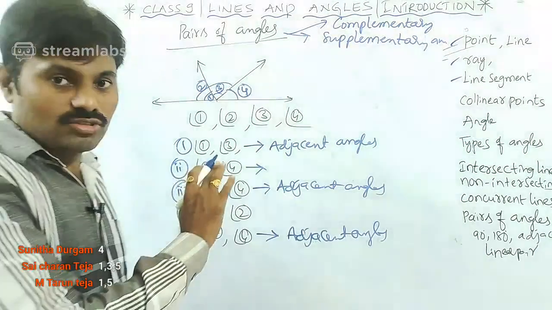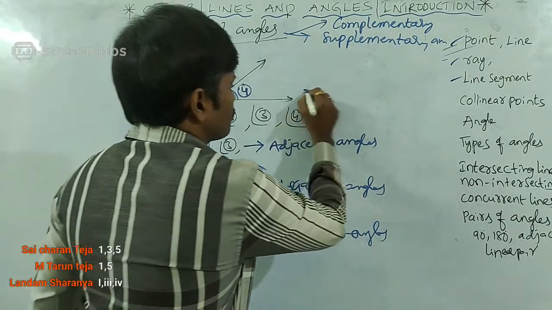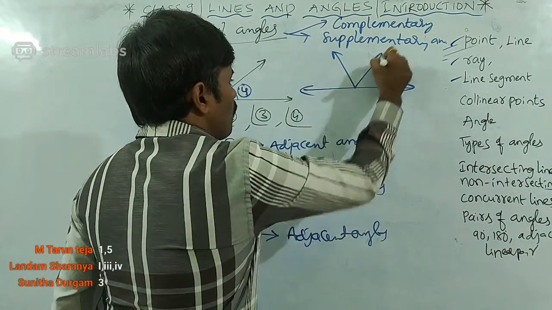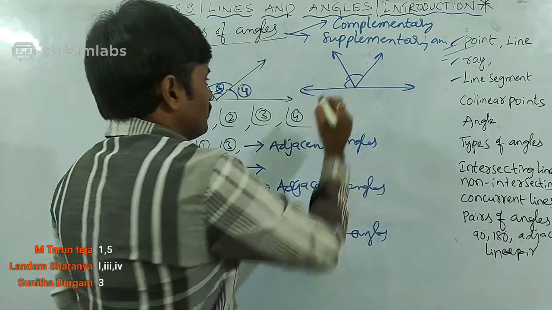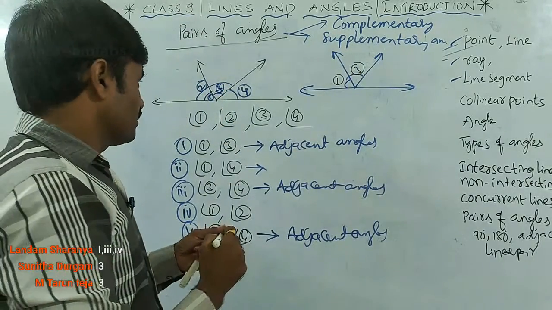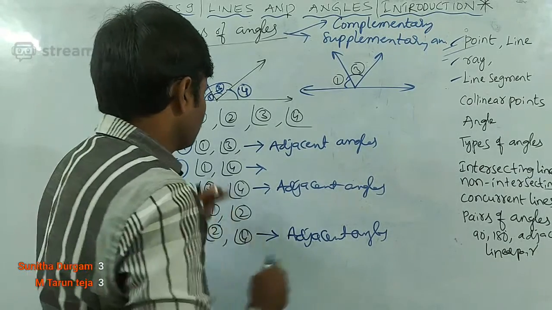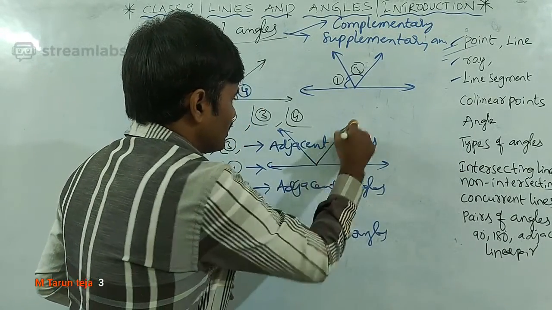See, I am drawing those figures again. First one, 1, 3. This is a straight line. First one I have drawn the figure. Now for the second one I am drawing a figure like this, and another one like this.